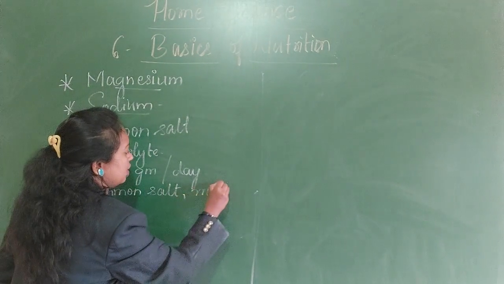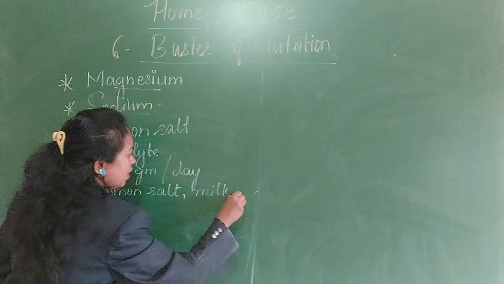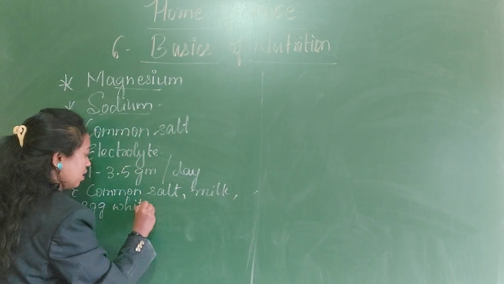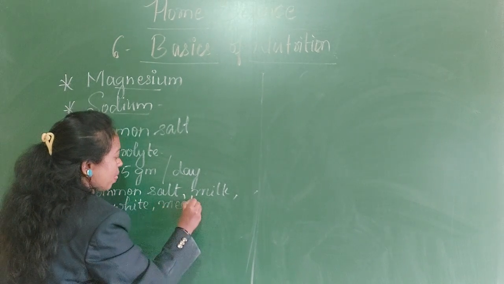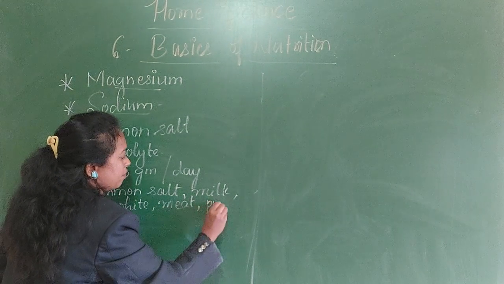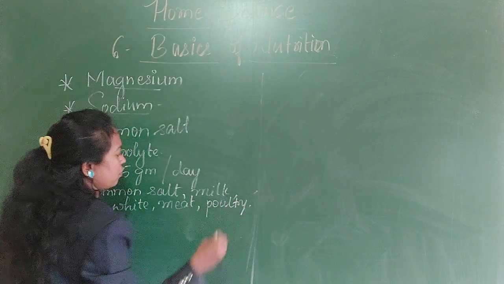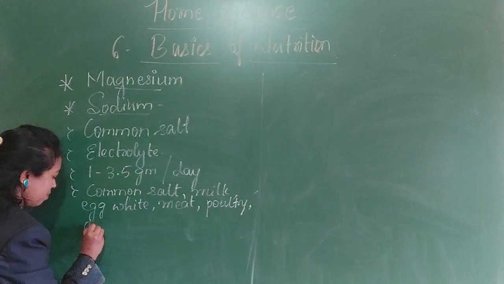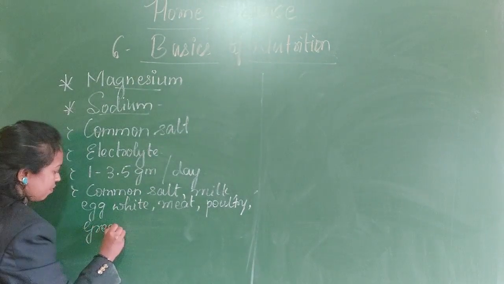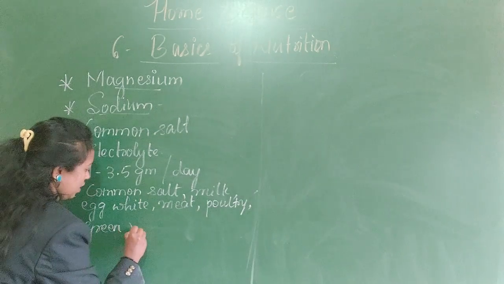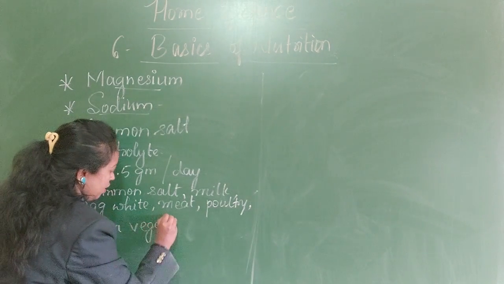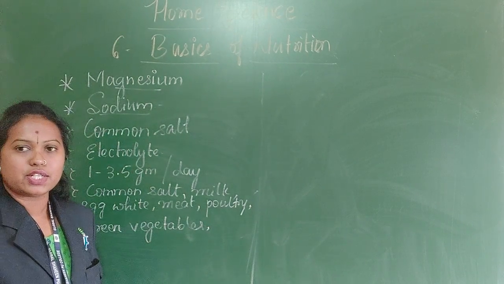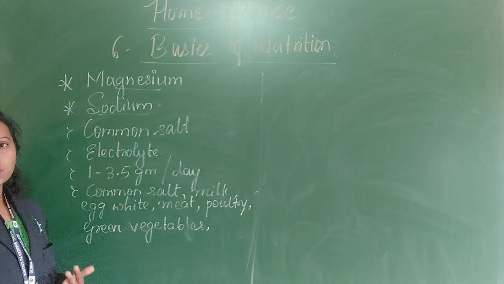milk, egg white, meat, poultry, green leafy vegetables, beetroot, Bengal gram, dal, etc. These are some of the sources of sodium.